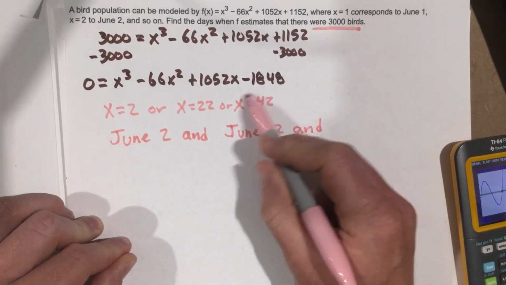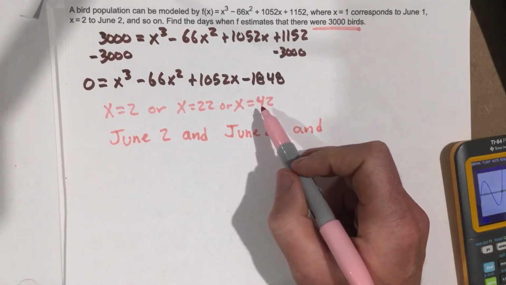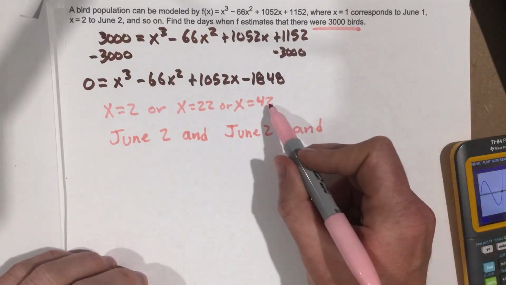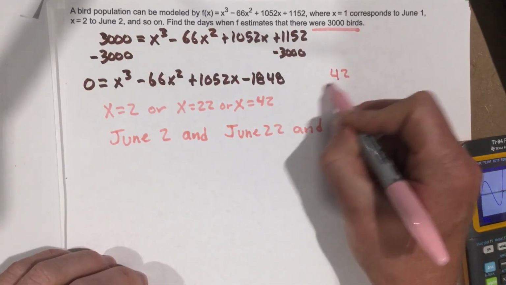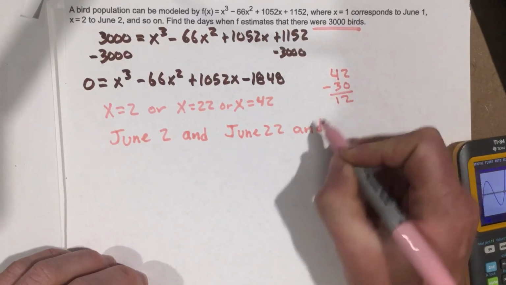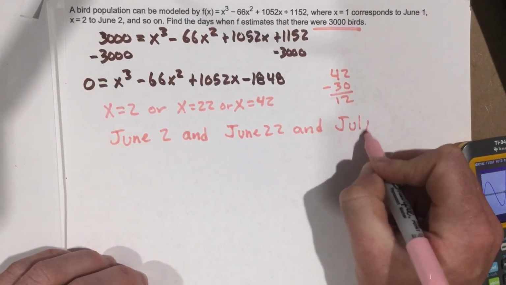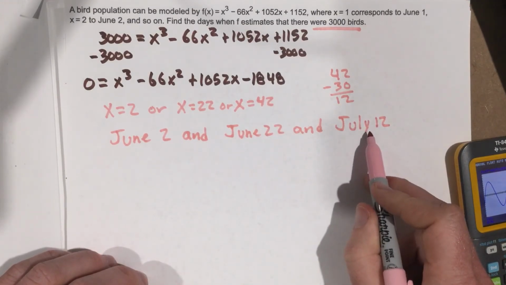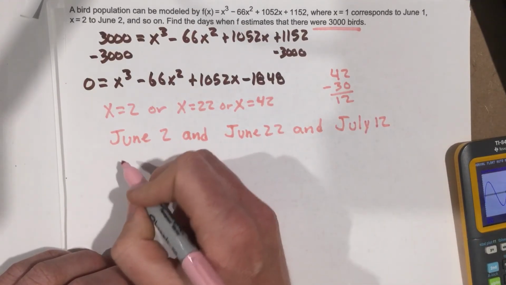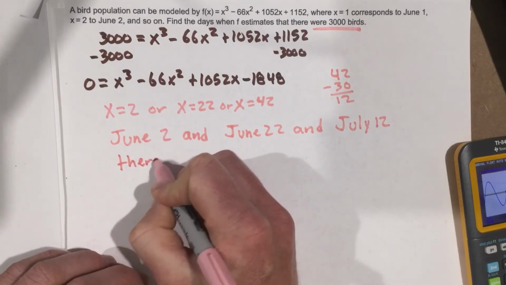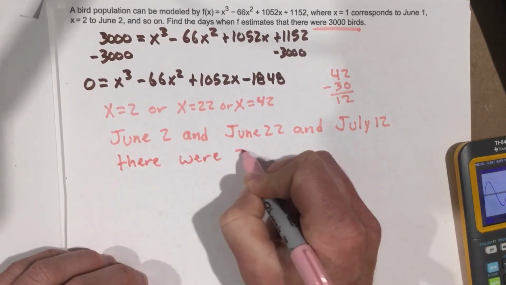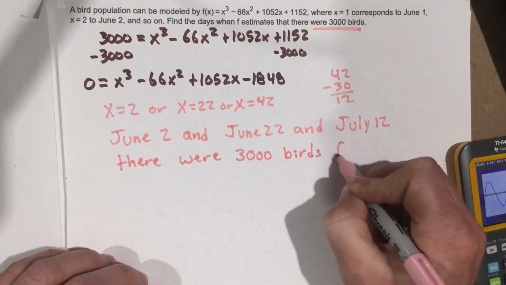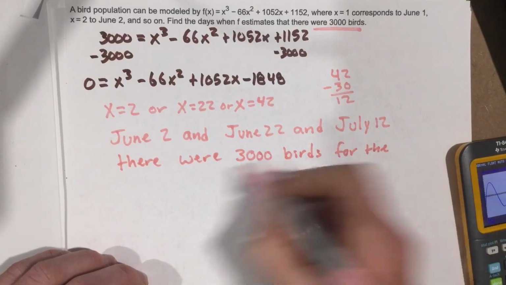And now 42 is past June. Remember, June has 30 days. So we're going to subtract 30 from this to find out what day in July. Well, 42 minus 30 is 12. So that's July 12. So June 2nd, June 22, and July 12, there were 3,000 birds for the bird population.